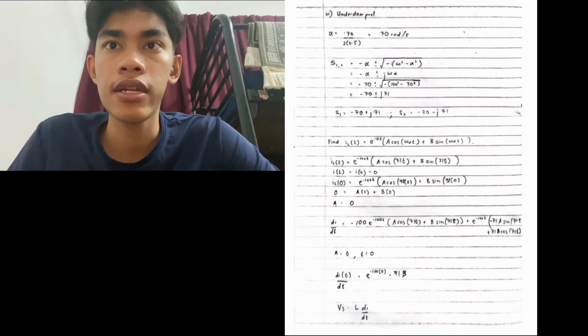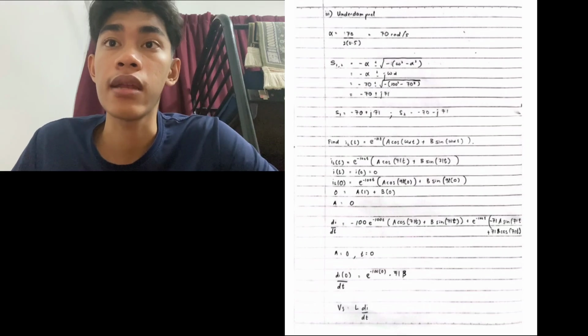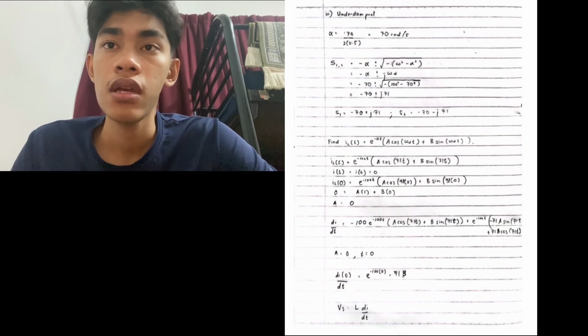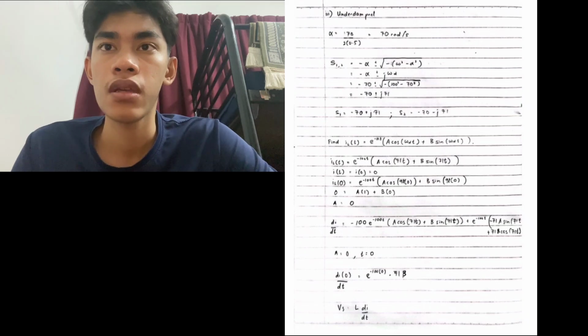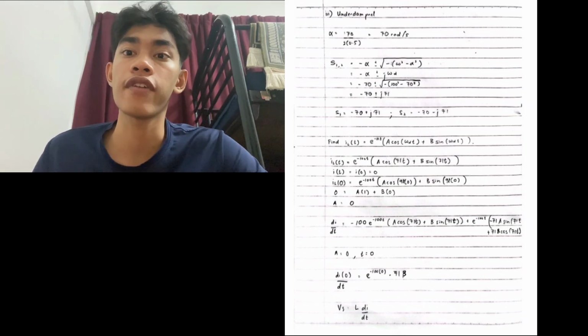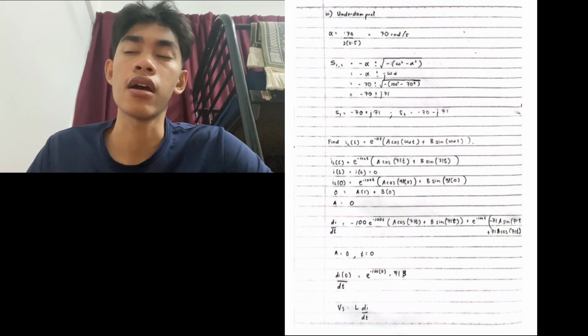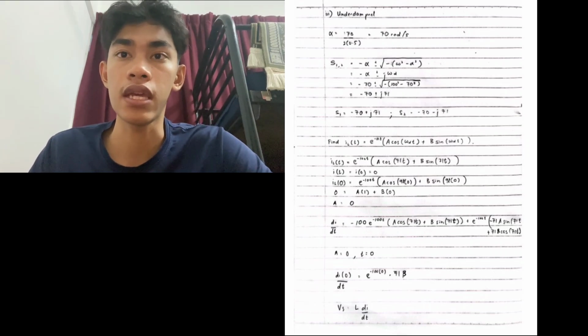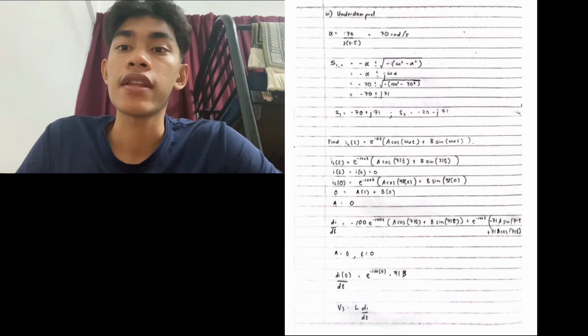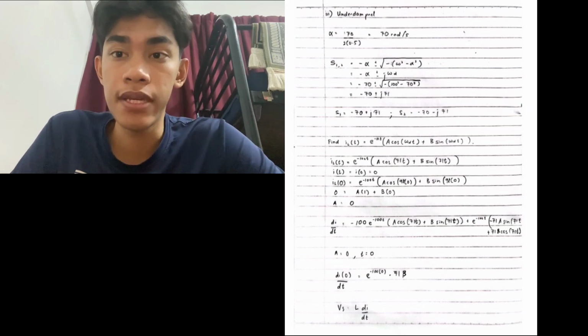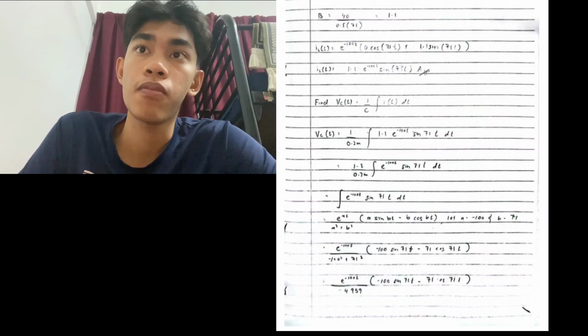After that, we need to find A and B first. After we put the value of t as 0, we get A equals 0. Then we need to find the value of B. After we insert the value of A into the expression, we finally find the value of B, which is 1.1.